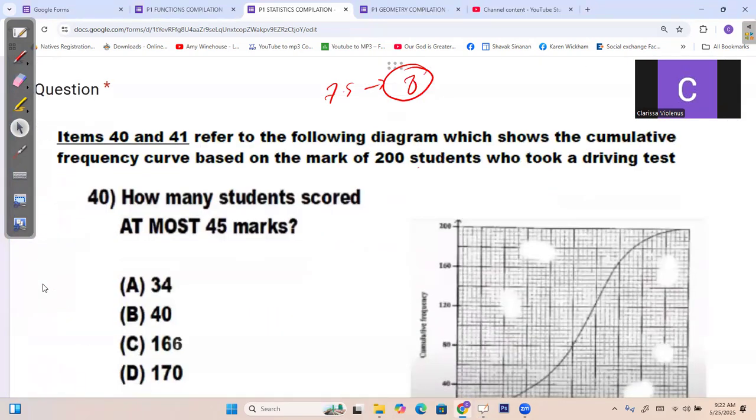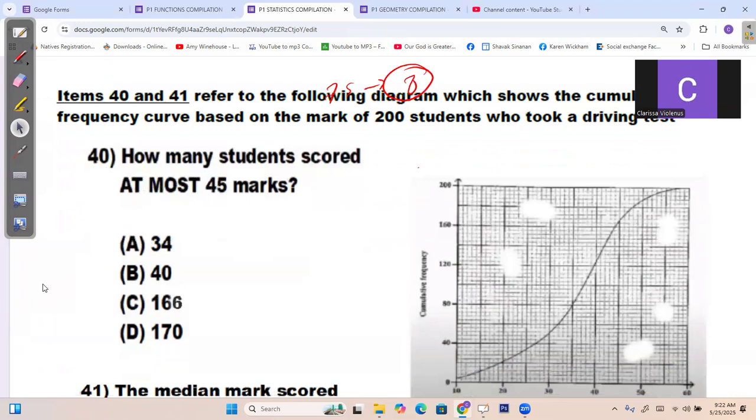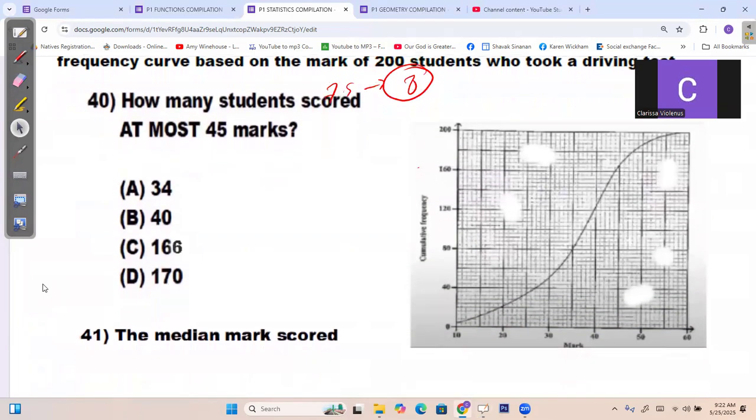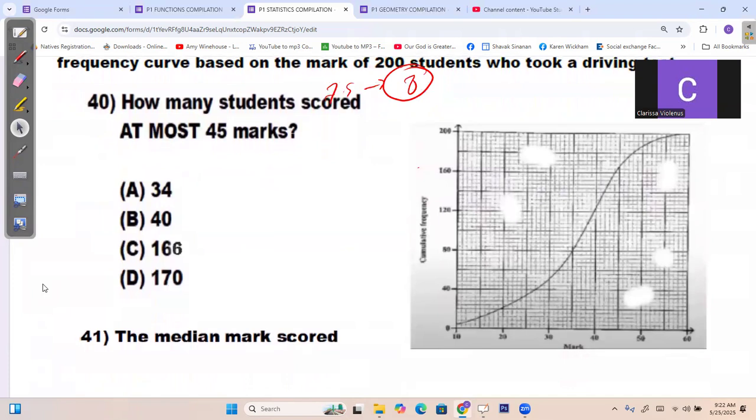Refer to the following diagram, shows the cumulative frequency based on the mark of two. How many students recorded at most 45 marks? So you're gonna go at most, that means no more than 45. So this is 45. So we go up. That's 100. That's the second box.